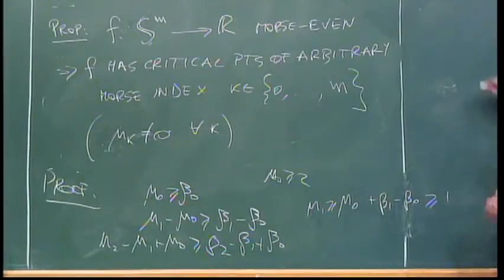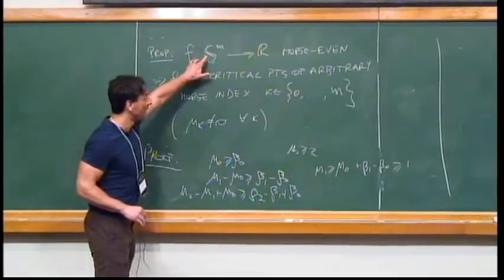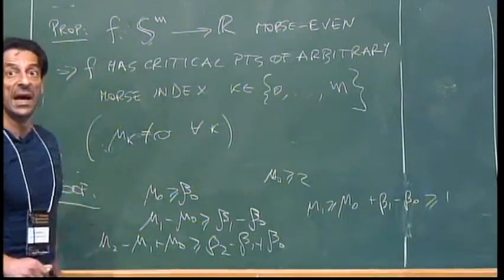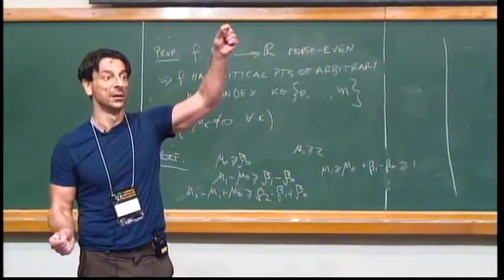This type of result holds also for manifolds that are not necessarily the sphere. What you really need is that all the Betti numbers of the manifold you want to consider have to be even numbers, except for the first and the last one, okay?